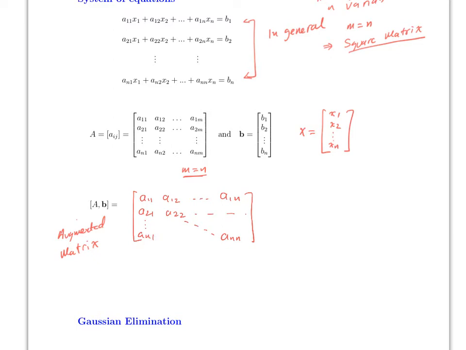That is just A. Since you want the augmented matrix, you augment the matrix with the part B, so then this will be B1, B2, B3, all the way to Bn. This is typically called A with a tilde. That's how you know this is the augmented matrix.